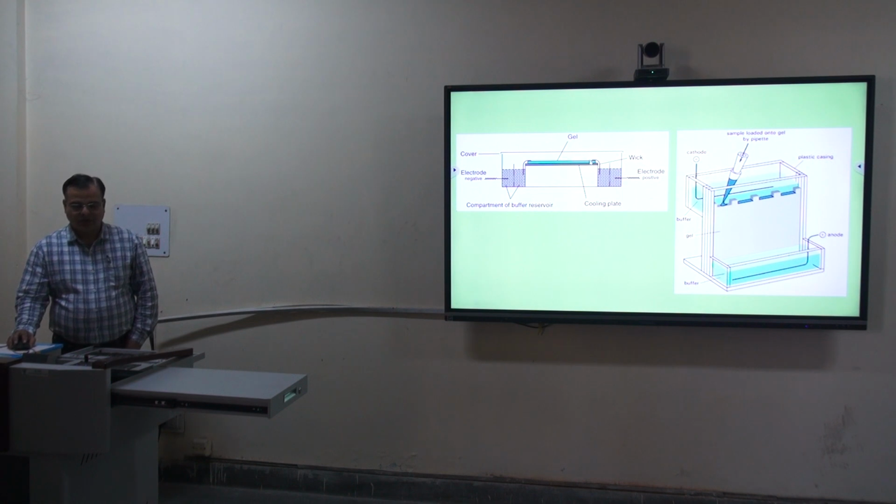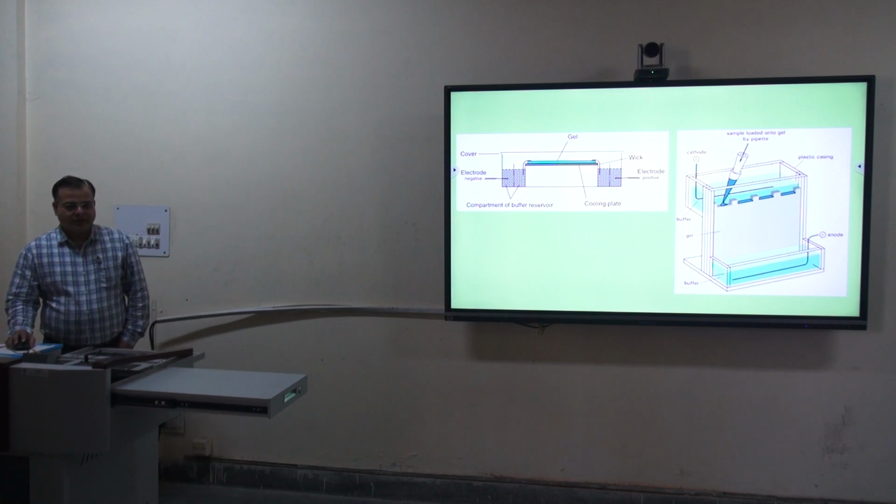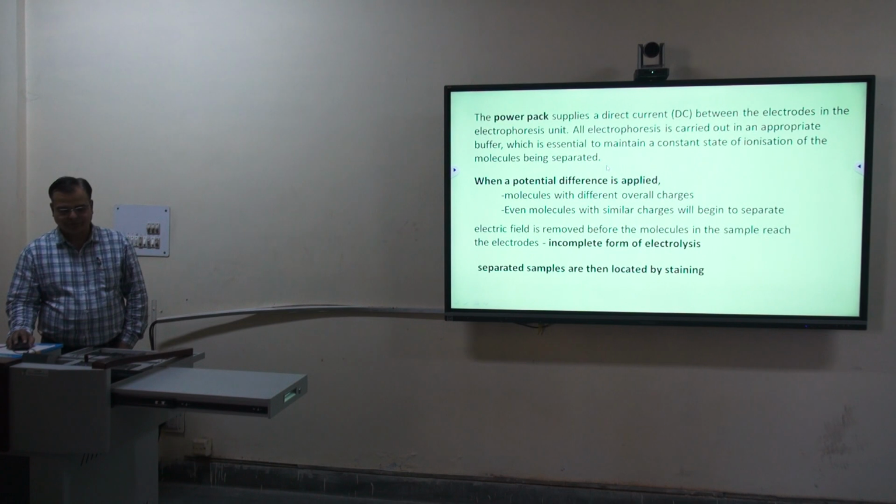So we have to stop the process of electrophoresis before the biological molecule reaches this end. We also describe electrophoresis as an incomplete form of electrolysis, because the charged particle never reaches the other electrode.